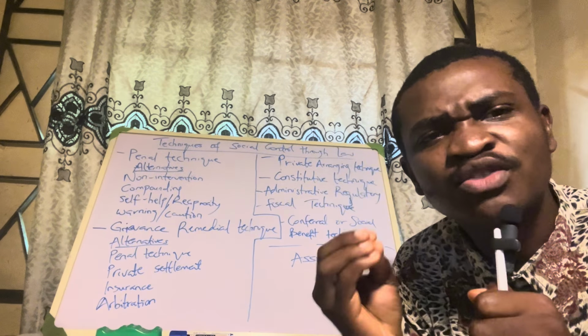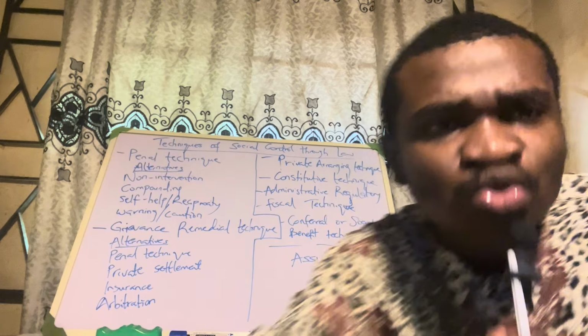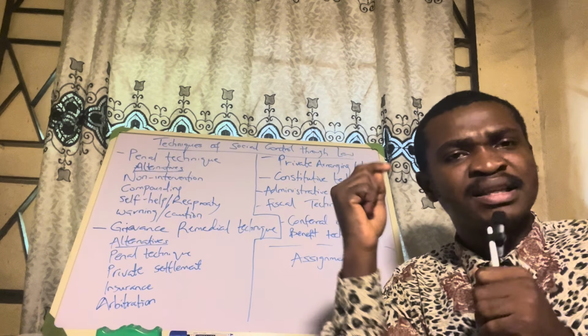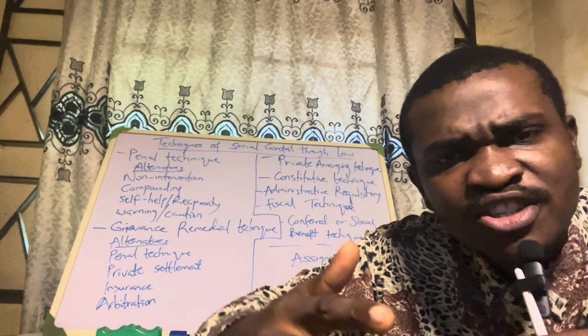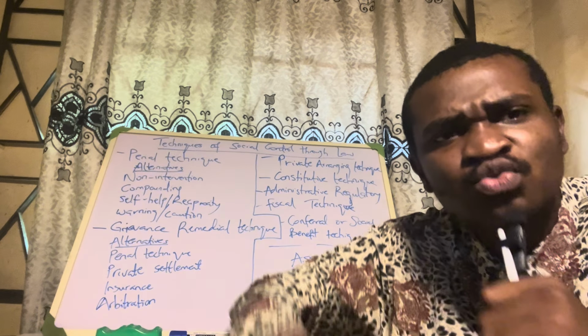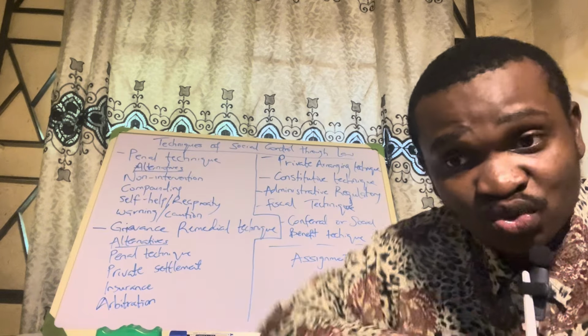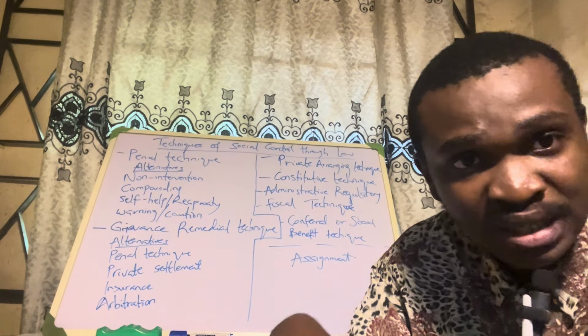Now we have the constitutive technique. When we talk about the constitutive technique, we are talking about it as an offshoot of the private arranging technique. Remember I said that the private arranging technique is when you are given the opportunity within a legal framework to do what you want to do. It is you that have the powers, but it must not go outside that legal framework.